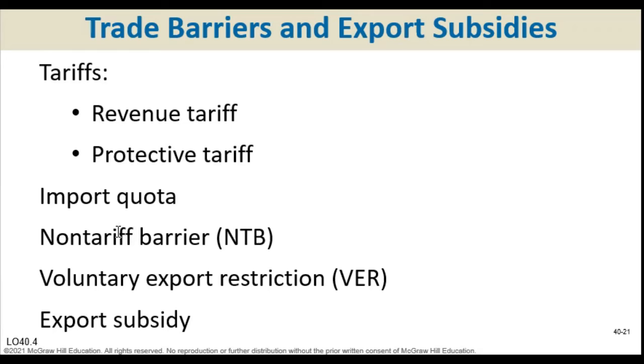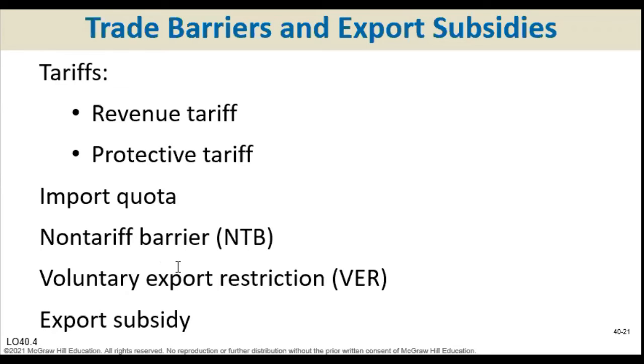The non-tariff barrier can include things such as requiring extensive documentation for imported goods, restricting the locations available to receive those imported goods, or basically having unreasonable standards for the imported good, making it difficult to get a good in.